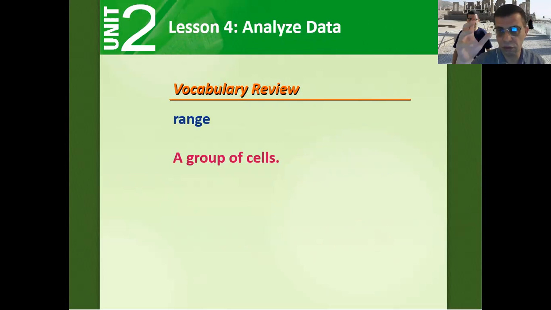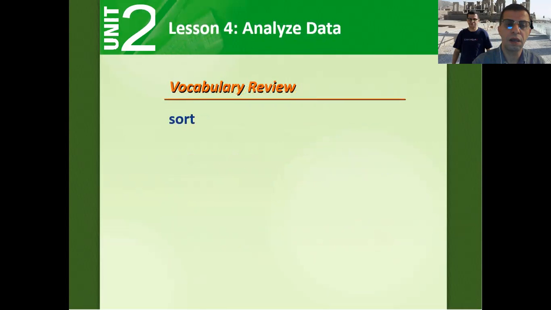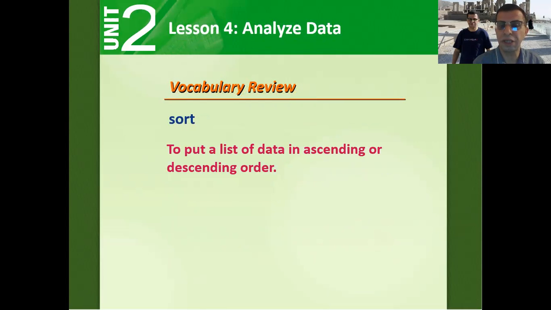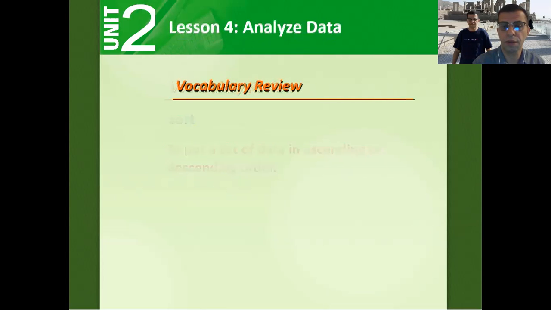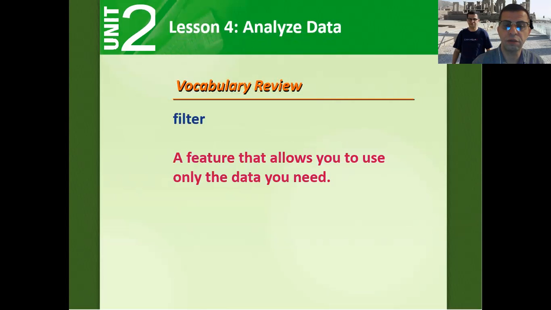So it could be horizontal or vertical or both horizontal and vertical. Sort, to put a list of data in ascending or descending order. It could be letters or numbers. Filter, a feature that allows you to use only the data you need.